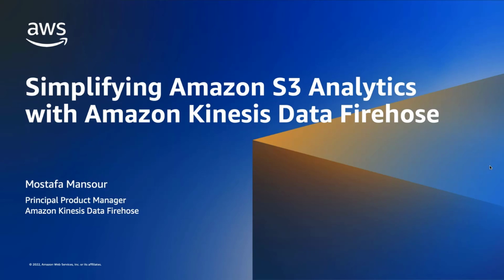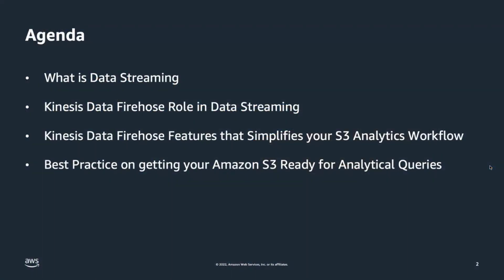I'm going to talk about how you can use Kinesis Firehose to simplify your Amazon S3 analytics workflows. I will start by discussing the characteristics of data streaming, how it's different from bulk data. We'll provide an overview of Firehose features and architecture and how Firehose fits in the streaming ETL workflow.